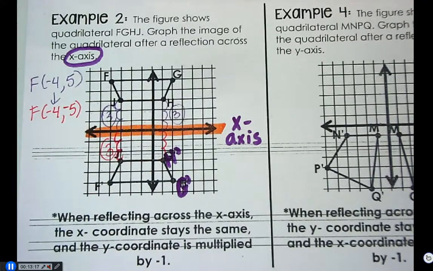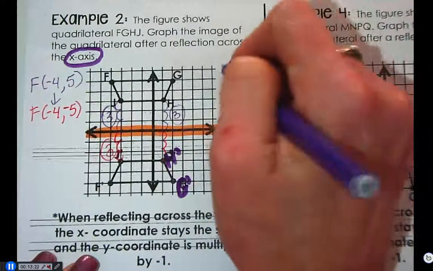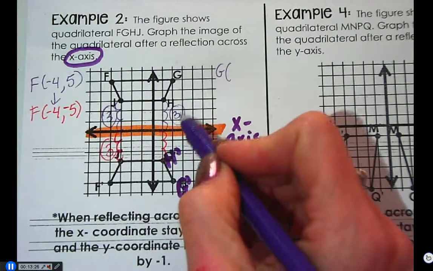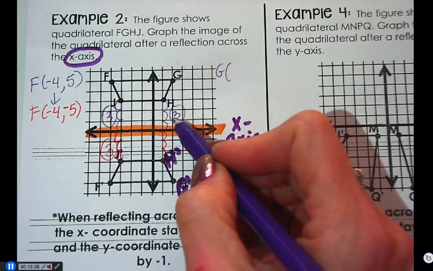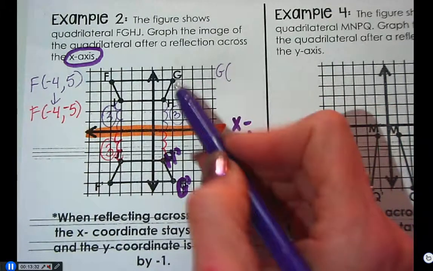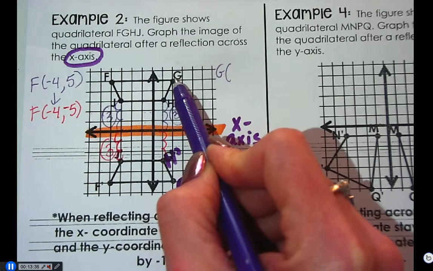Okay, so let's look at another coordinate. What are the coordinates for G? Write down the coordinates for G, the original G, and let's see what they are.